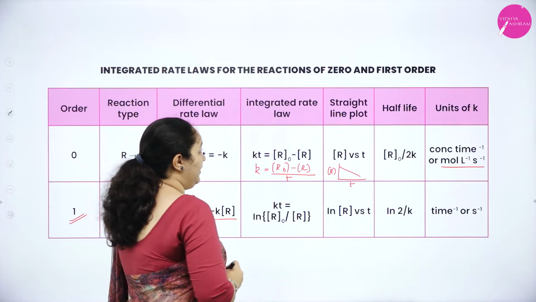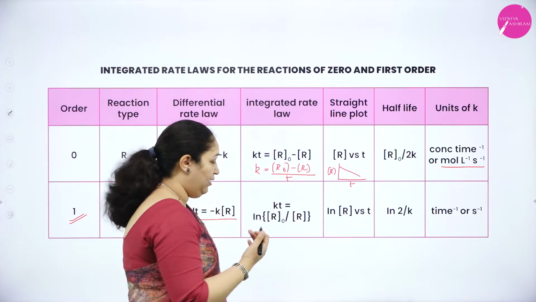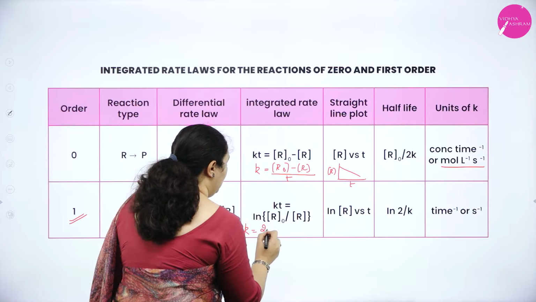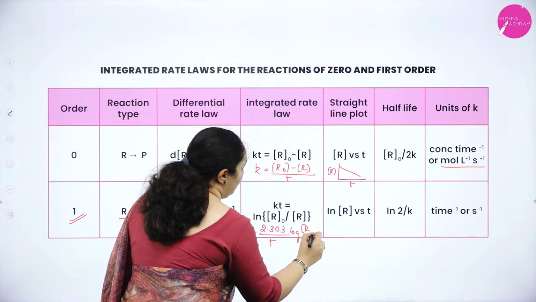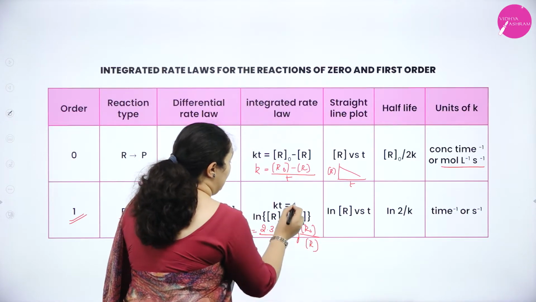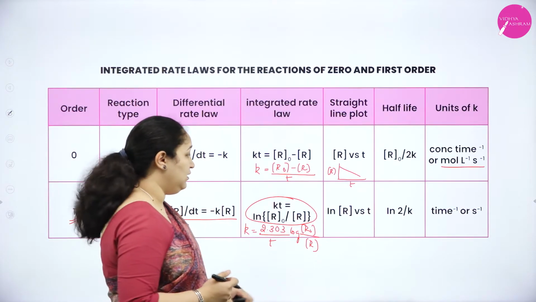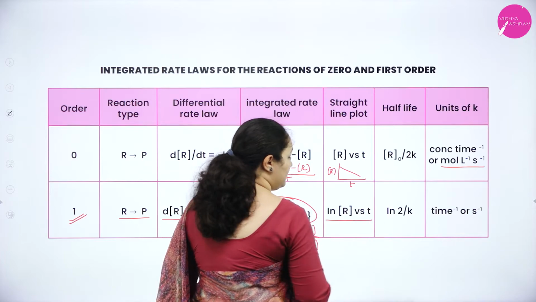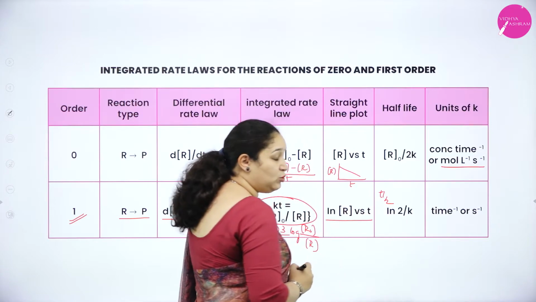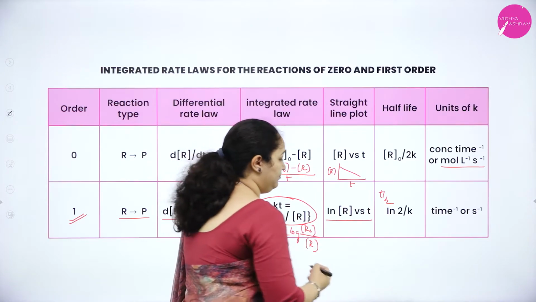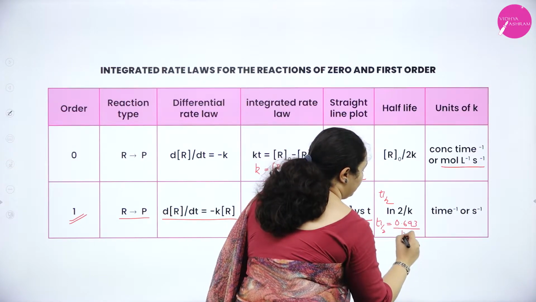Then integrated rate expression is kt is equal to ln R naught by R, or I can remember it as k is equal to 2.303 by t log of R naught by R. This equation, if I rearrange and compare it with straight line equation, then we will get this plot. ln R versus t you will get, and half life is ln 2 by k, or half life is 0.693 by k.